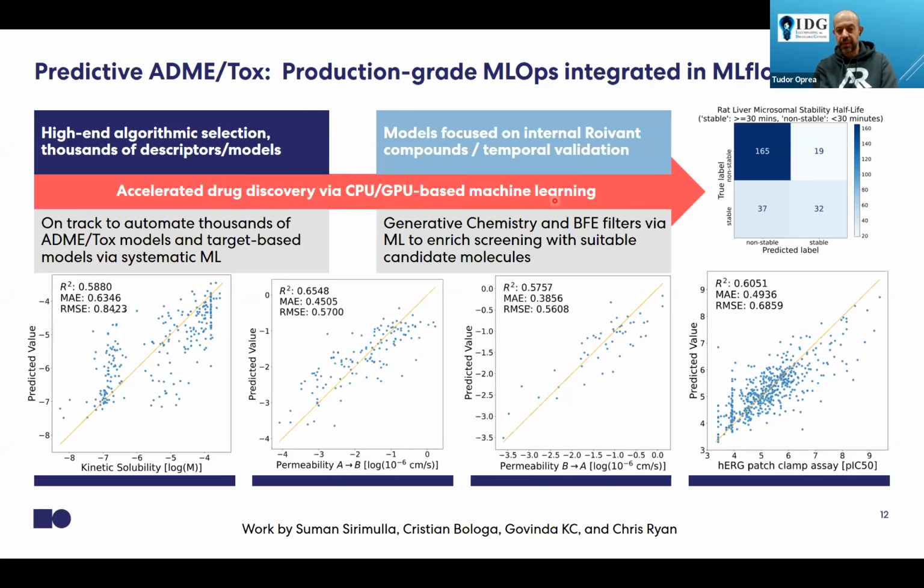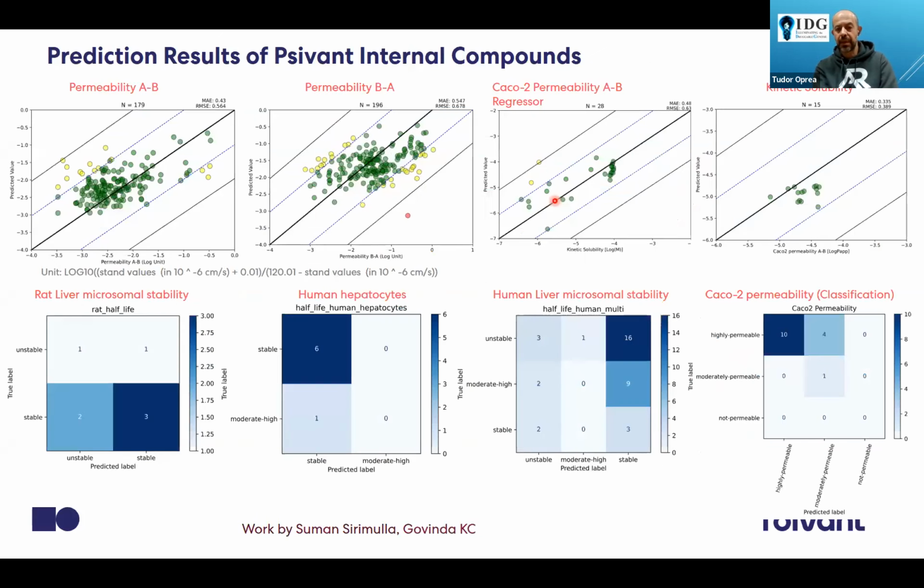And what's critical for this type of analysis is to build models that are predictive. So we put a lot of effort in making sure that on molecules that had not been seen by the model, we are within 1 log unit, which is consistent with the experimental error for those assays.